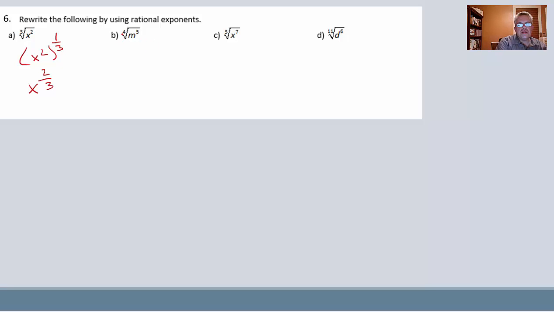Right, even easier is to realize that 4 goes in the denominator, 5 goes in the numerator of the exponent. So this would be m to the 5/4. This would be x to the 7/3. And this very last one, this would be d to the 6/11. 11ths. All right, there we go.